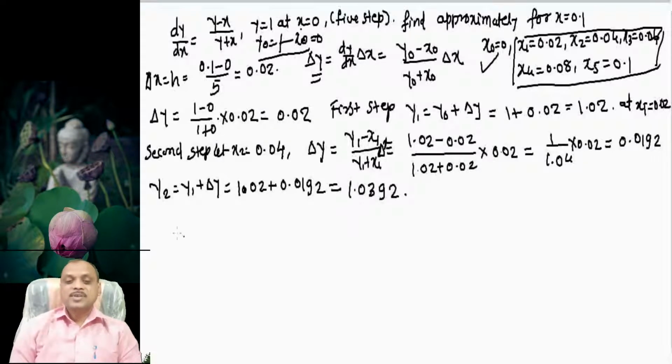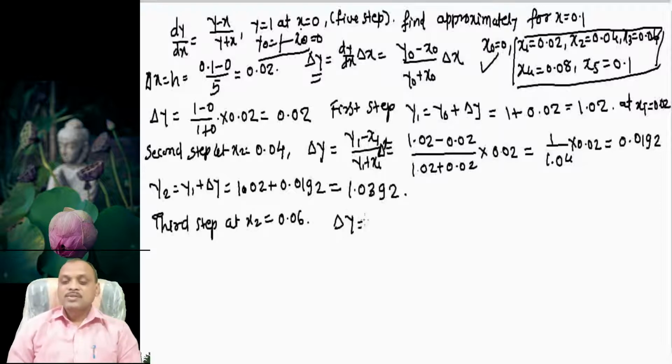Now third step, at x3 equal to 0.06. Again we need delta y. Delta y equals (y2 - x2)/(y2 + x2) into delta x.